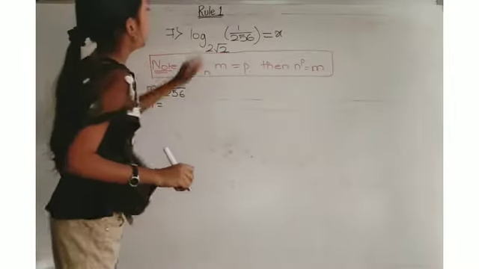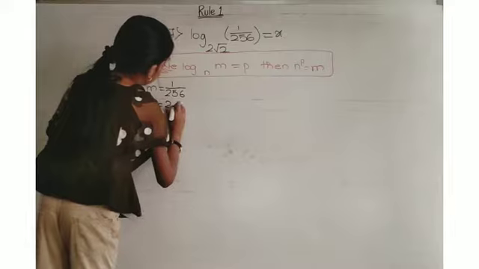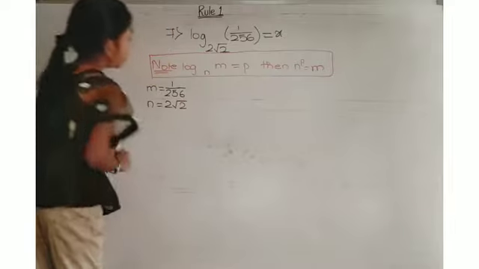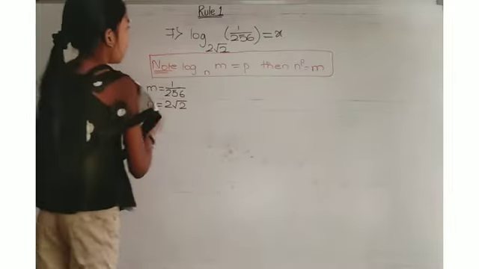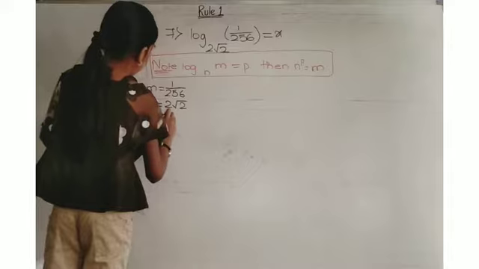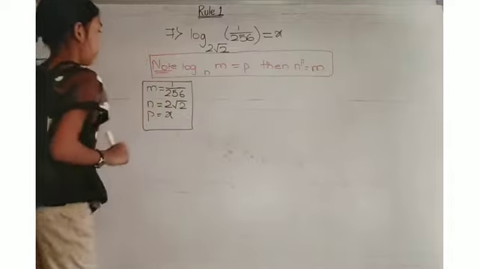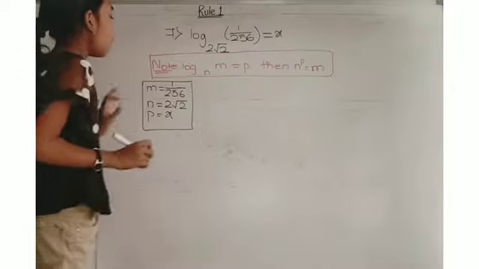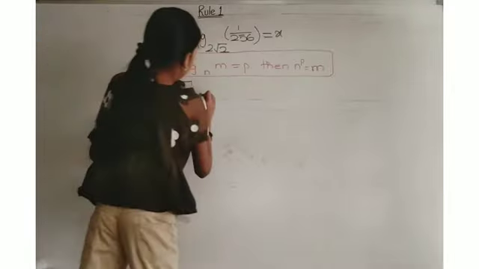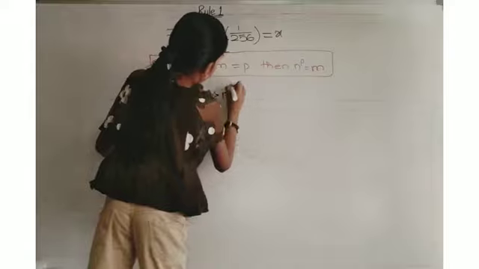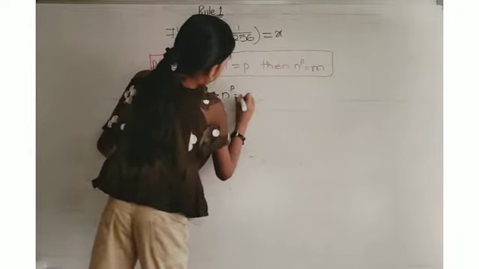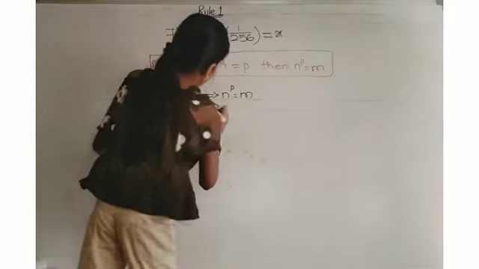N is equal to 2 root 2. P is equal to x. Now we will do it in a simple form. N raised to p is equal to m.